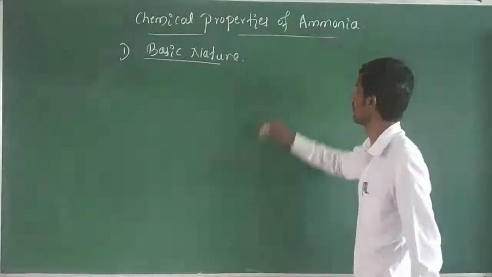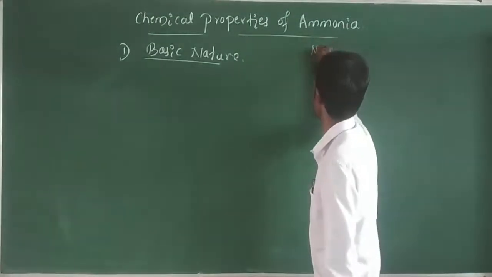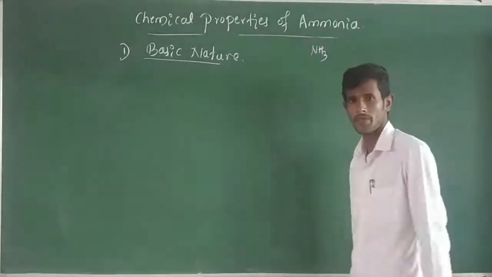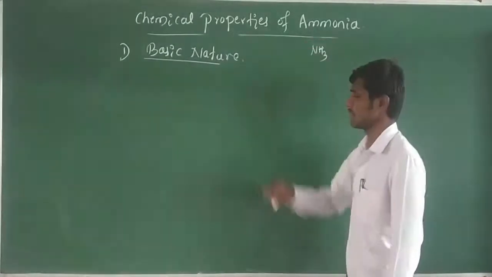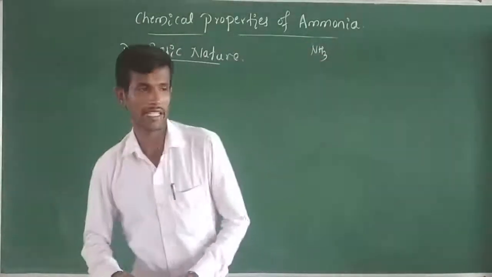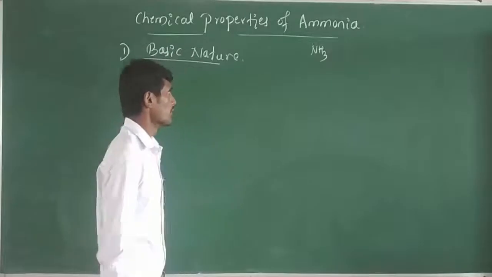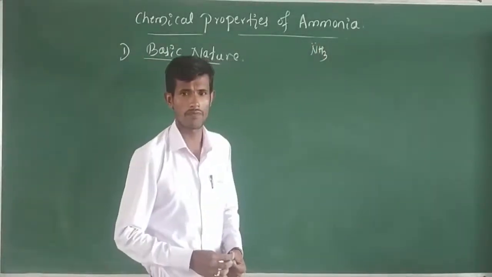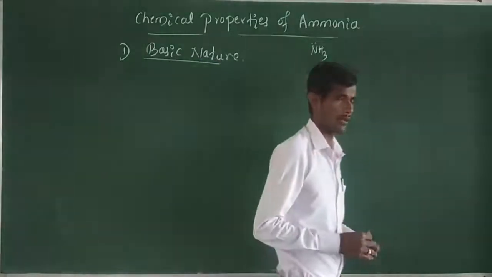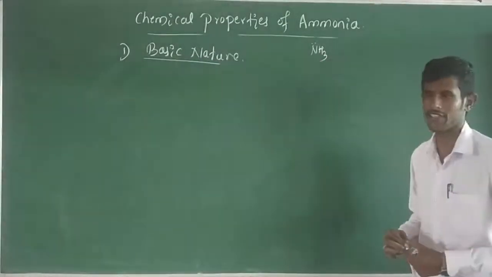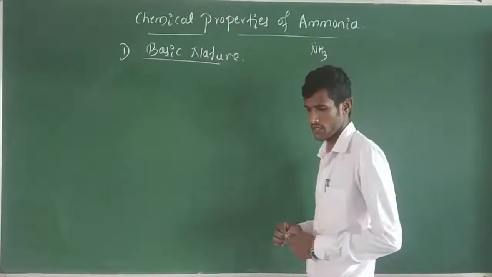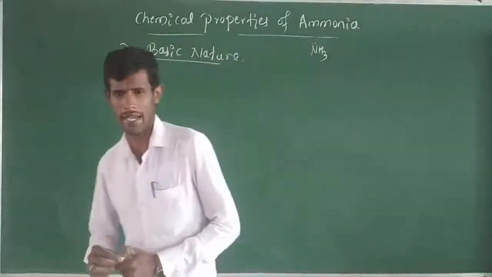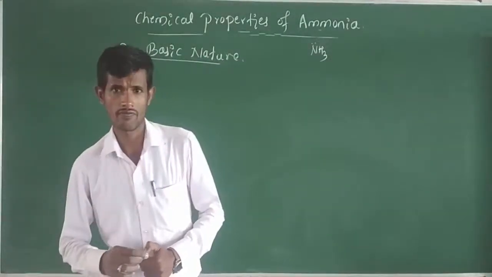You know, the formula of ammonia is NH3. Here on the nitrogen there is a lone pair of electrons. Due to the presence of this lone pair of electrons, ammonia is one of the Lewis bases. It accepts a proton to form an ammonium ion.